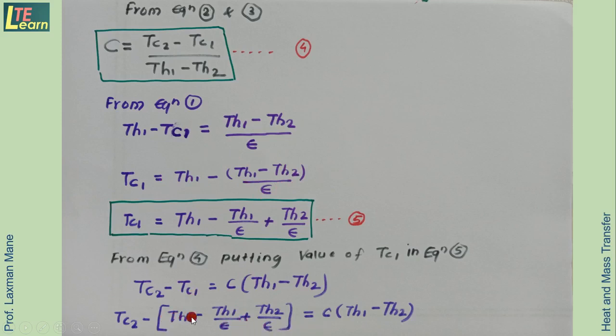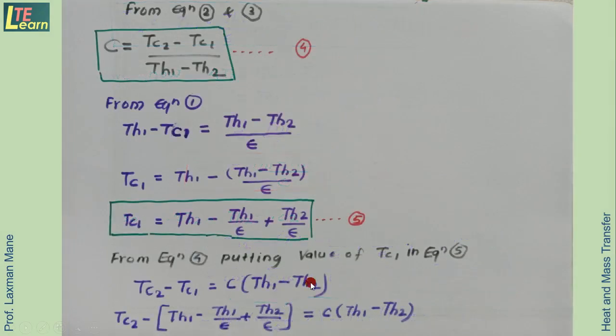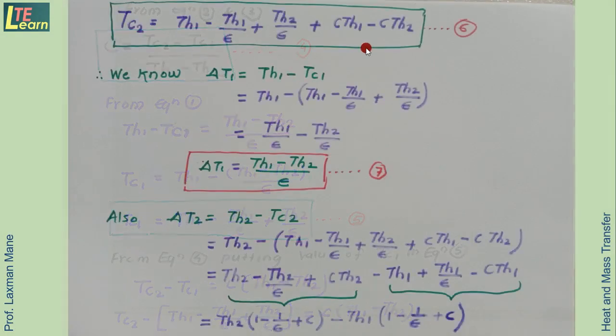Now solving the bracket, there will be a change in the signs. So TC2 is equal to TH1 minus TH1 upon epsilon, minus TH2 upon epsilon, plus C TC1 minus C TH2. Now here what we did, this C is multiplied with the two terms inside. So that's why this is equation number 6.